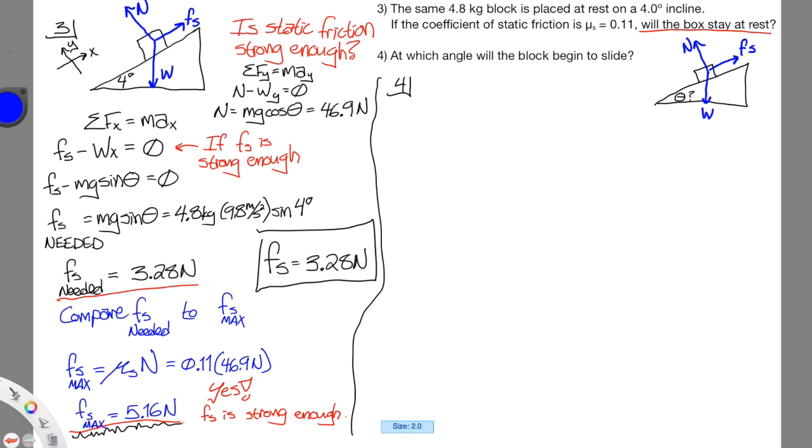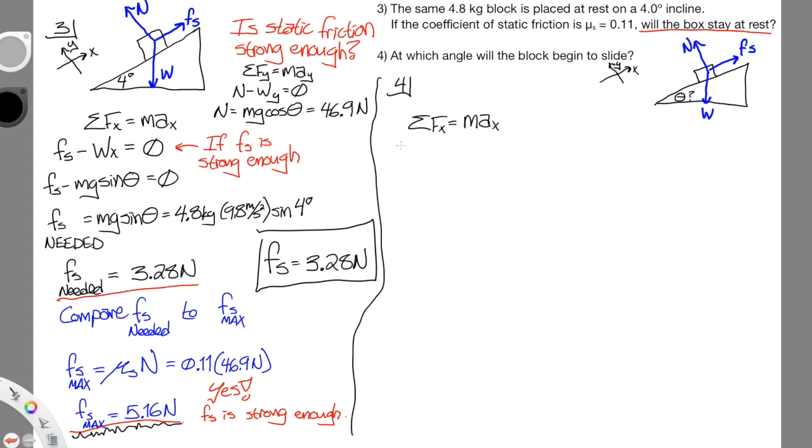Now we need ourselves a coordinate system, and I'm going to use the same one as problem 3. So first, let's start to write our F equals ma equations. I'm going to start with the x direction again because our static friction force is in the x direction, so maybe this will help. Sum of the forces in the x equals max.